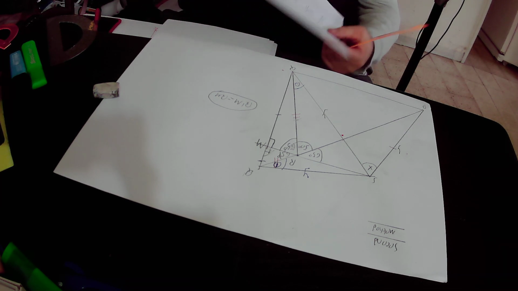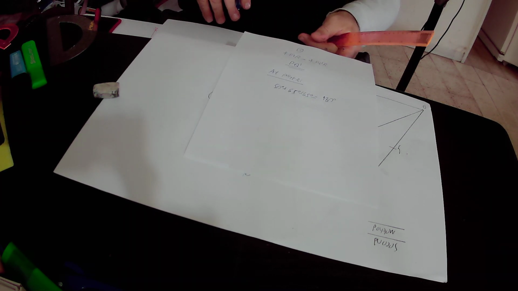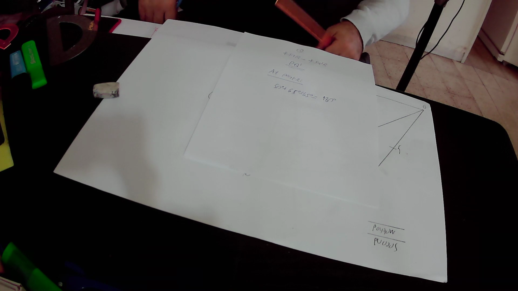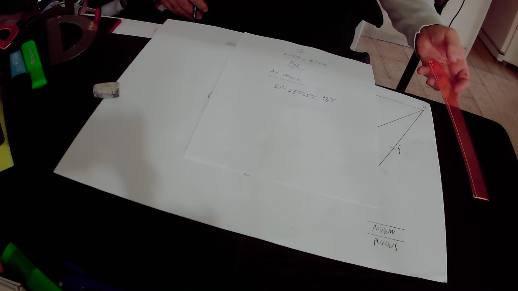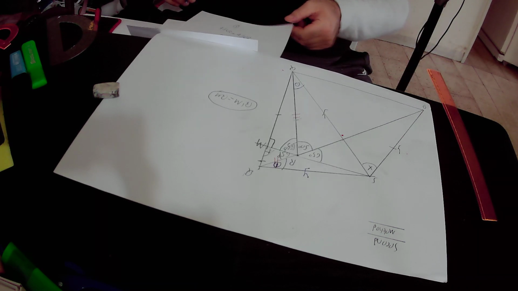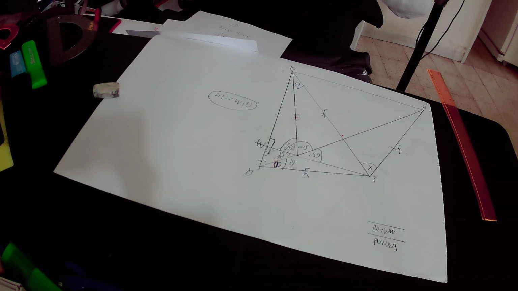So we actually proved that the sum of the angles at point R is equal to 180 degrees at one side of point R, actually. At the lower side of point R, the sum of the angles is equal to 180 degrees.